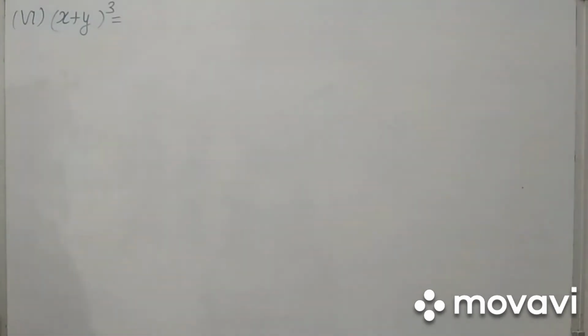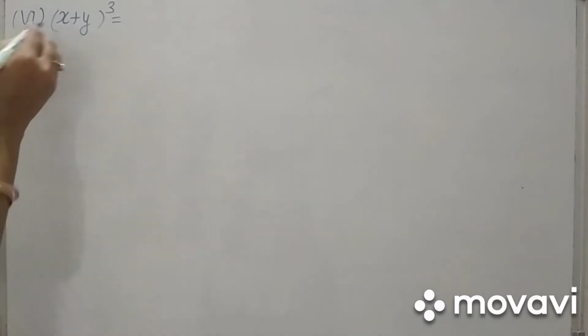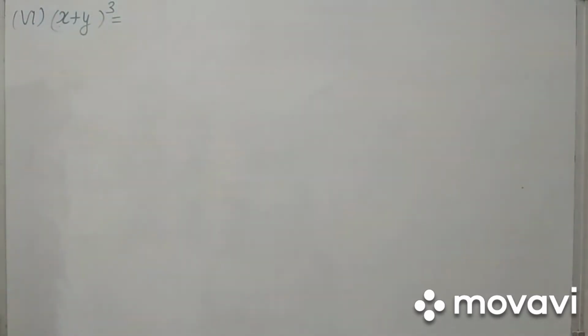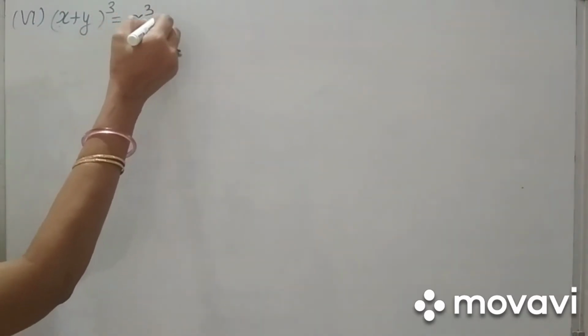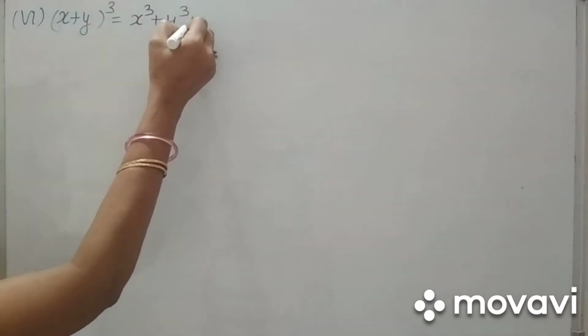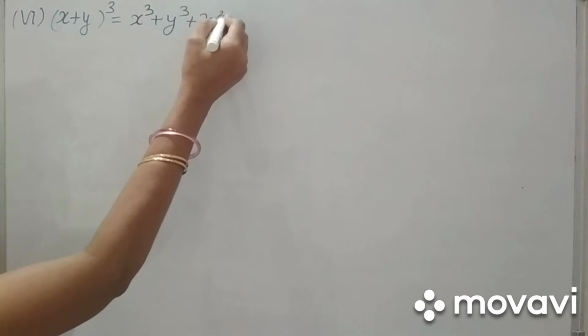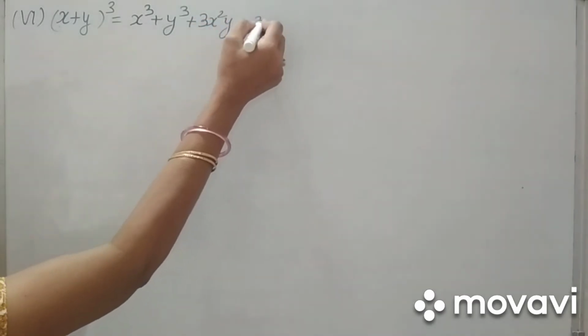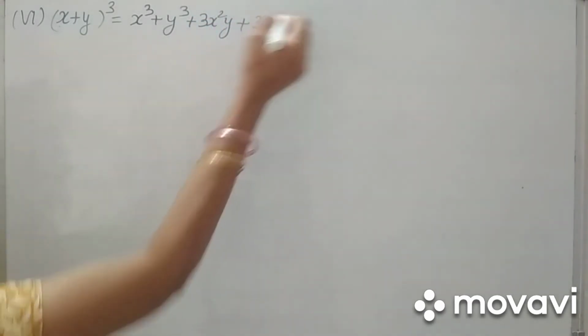Now, the sixth identity is (x + y) whole cube, which is x cube plus y cube plus 3x square y plus 3xy square.